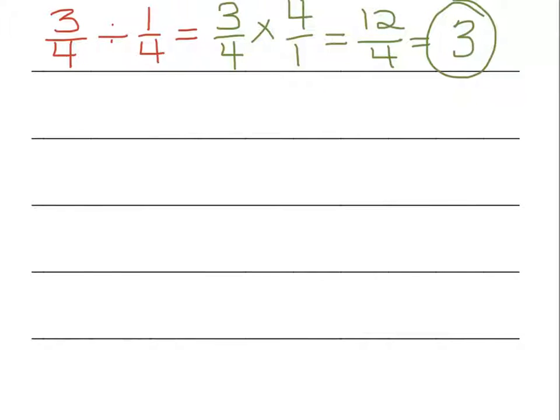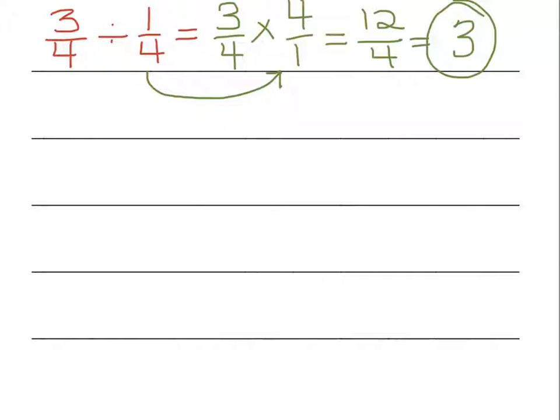My answer's 3. Do you see our flip here? We've put the 4 on the top and the 1 on the bottom. That is called finding the reciprocal. We'll talk about that tomorrow, but just so you have it in your head, that flipping means we're finding the reciprocal.